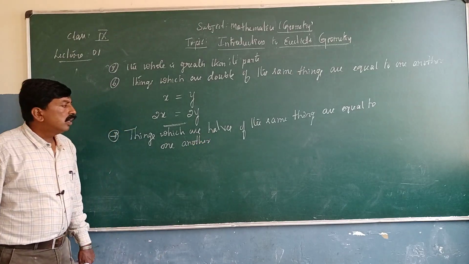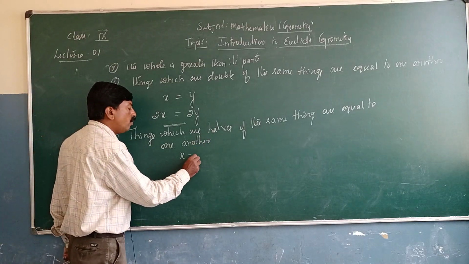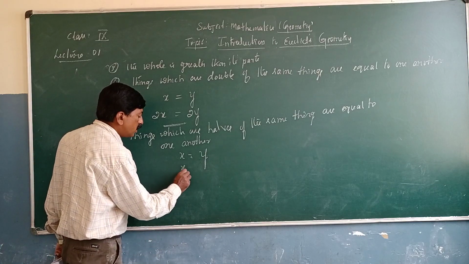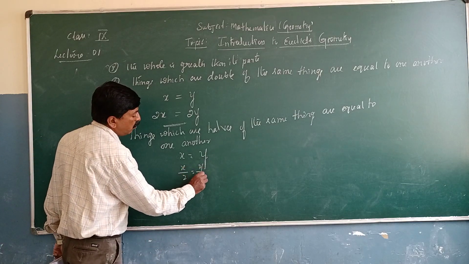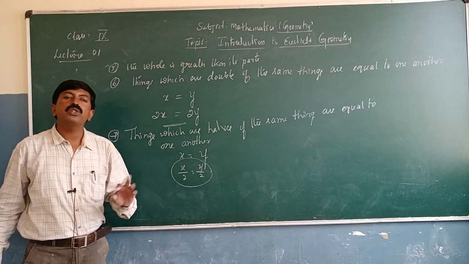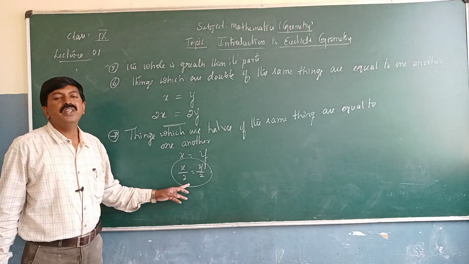So remember, x is equal to y. Make it half. So x by 2 is also equal to y by 2. That is the meaning of this. It means divide the same quantity on both sides. The value does not change.